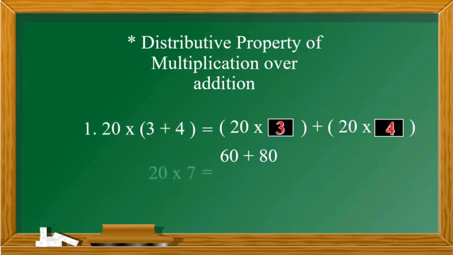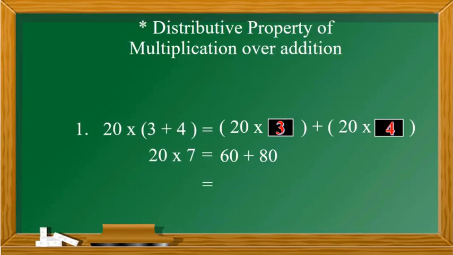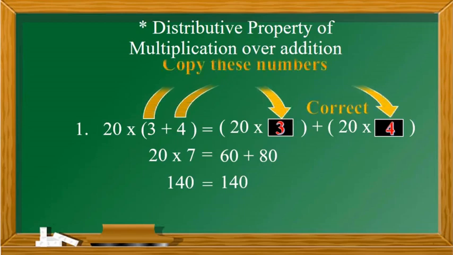Then perform the operations in its expression. 20 times the quantity 3 plus 4 equals 20 times 3 plus the quantity 20 times 4. So 20 times 7 is equal to 140, equals 60 plus 80 equals 140. So therefore, the missing numbers 3 and 4 are correct. Did you follow me?